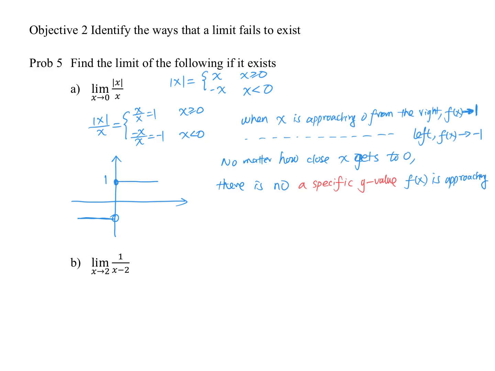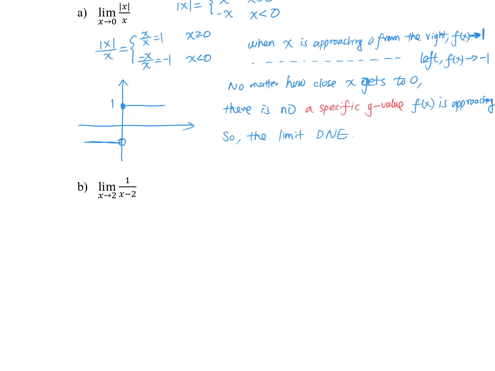This is the reason there's no specific value f of x is approaching. So the limit does not exist. Okay, so that's the first example that we looked at. The limit doesn't exist. Now let's take a look at the second one.